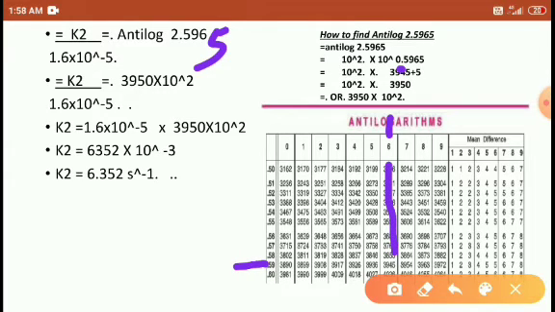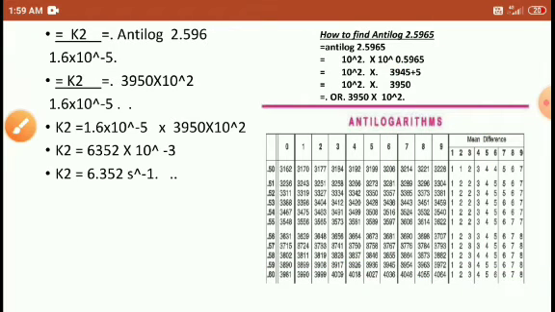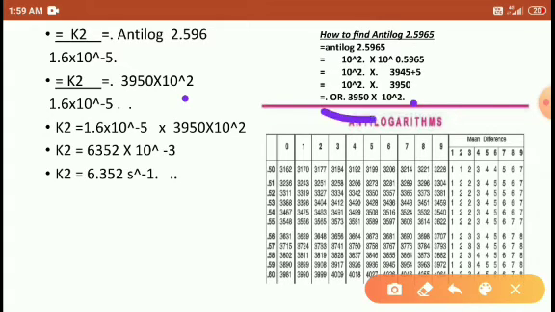The answer is 3945, and for the 5 the mean difference is 5. Similarly, you add the mean difference 5, so you get 3950, right? Or you write it like this, 3950 × 10^2. This is the value I have taken here, right students?